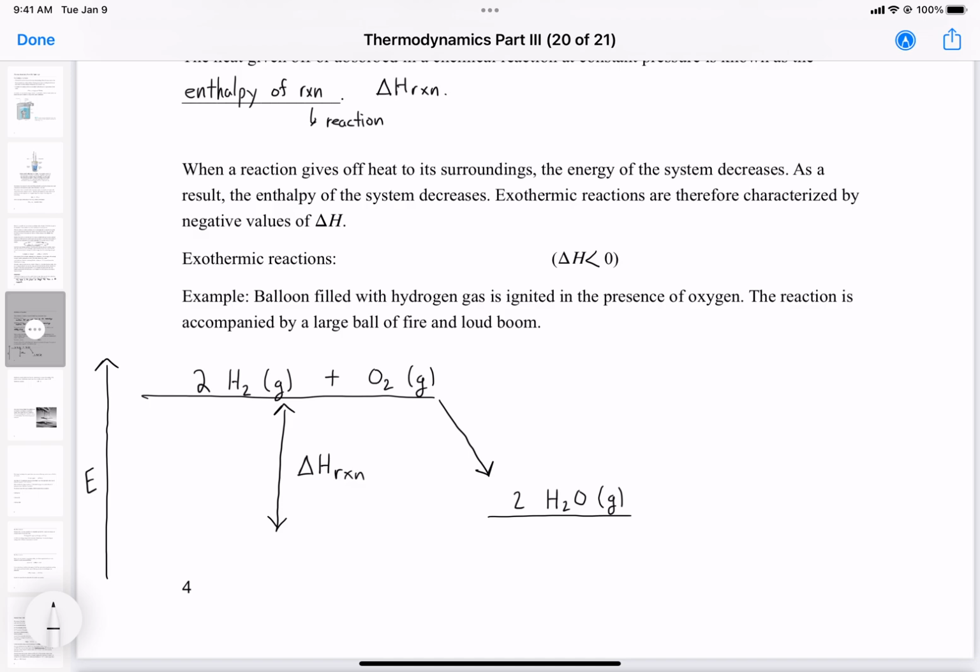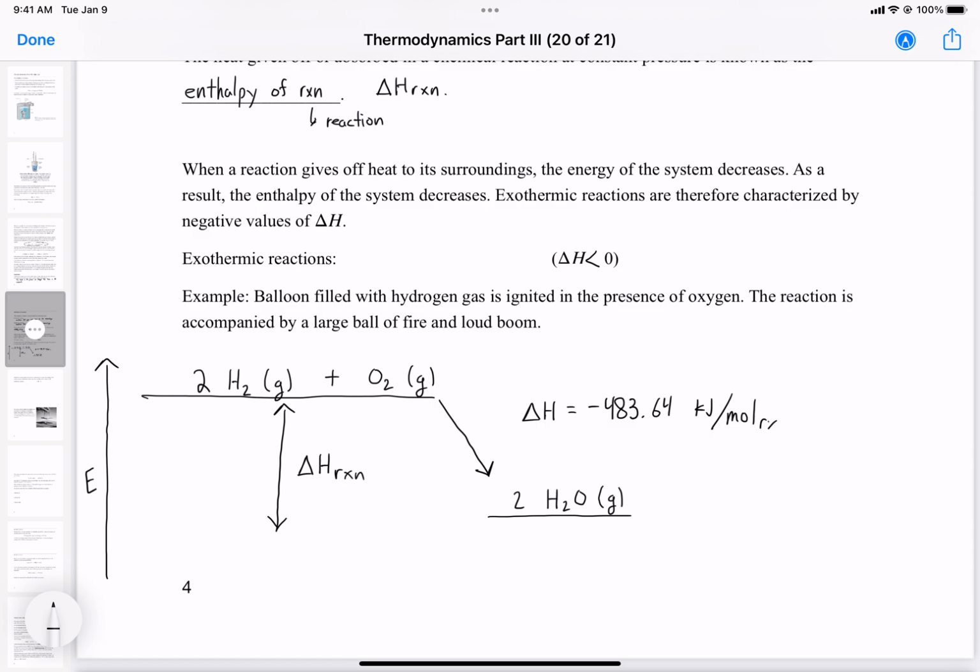We see here that water has lower energy, and the delta H of reaction is the difference between the initial state, which is the hydrogen and oxygen gas, and the formation of water. So our delta H is negative 483.64 kilojoules per mole.